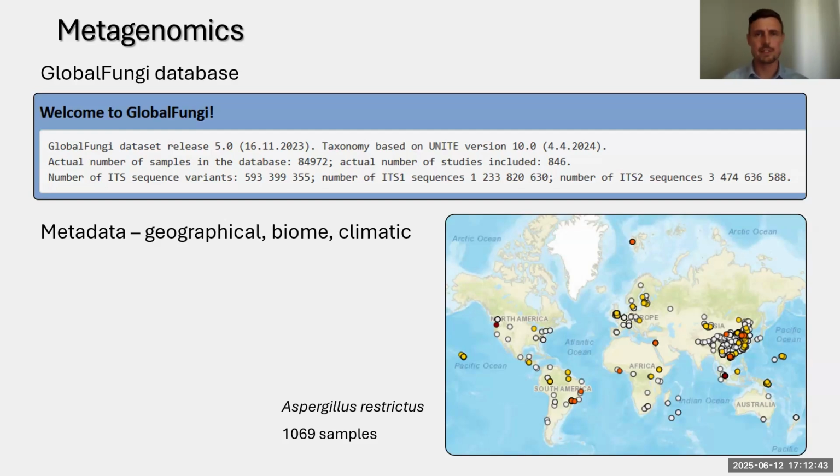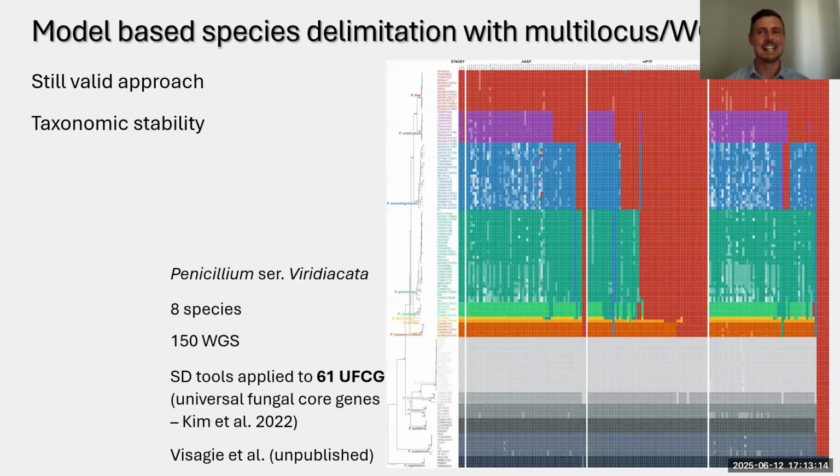It's not really ready to be used in species delimitation studies. But if we get to the point that we have such a database, but with whole metagenomes assembled, then this would change everything that we do so far in terms of species delimitation. So I'm looking forward to it.